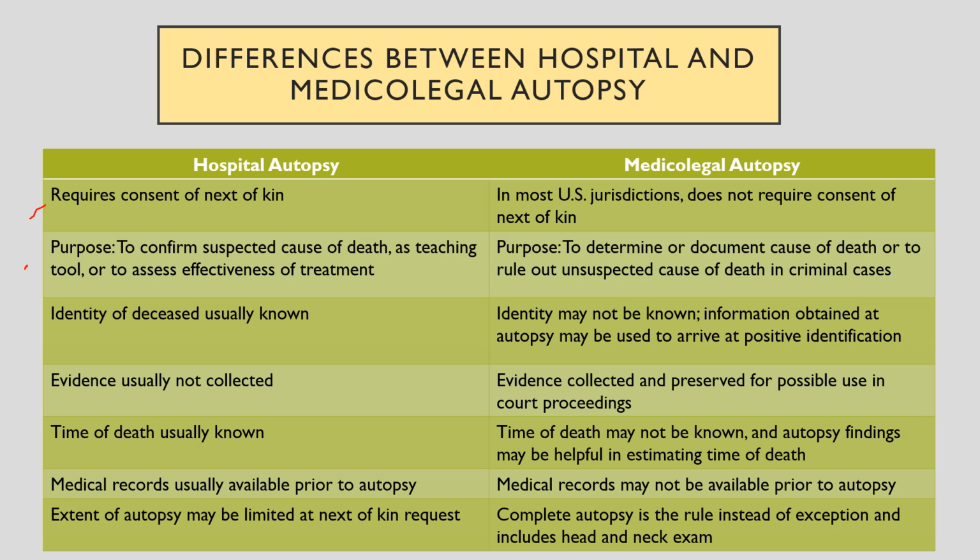What's the purpose of the hospital autopsy? The purpose of the hospital autopsy is to confirm suspected cause of death, as a teaching tool, number two, and also to assess effectiveness of treatment. Medical students might testify to this when they are doing their forensic pathology, that hospital autopsies are used as a teaching tool because they are called upon to learn about so many things.